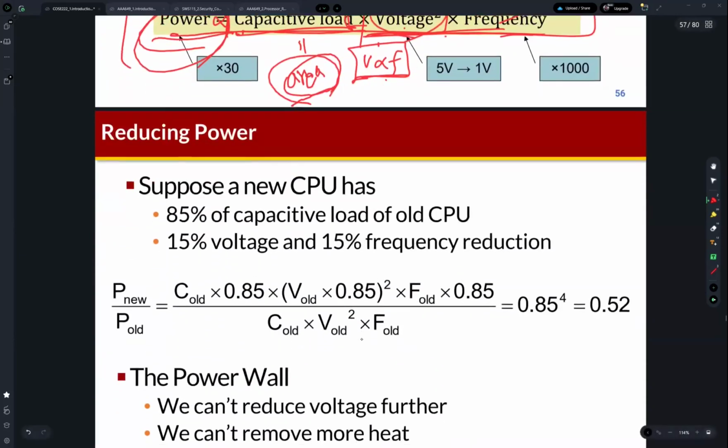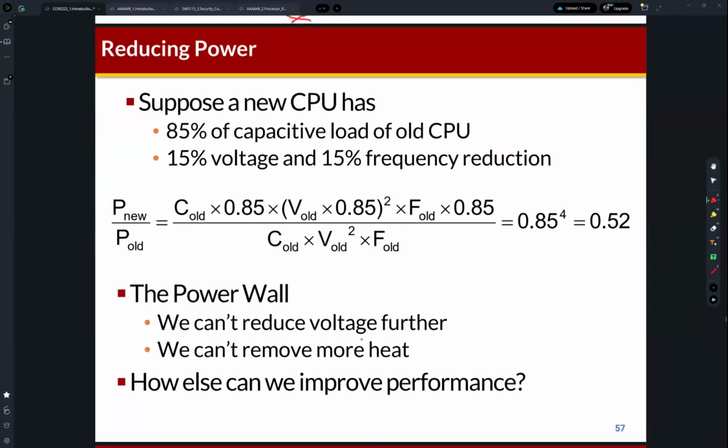But the problem is that, as I explained, in order to increase the performance of a transistor, we need to use a smaller transistor, right? Smaller transistors are usually faster. Which means that a 3 nanometer technology node is usually faster than 10 nanometer technology, not always, usually.